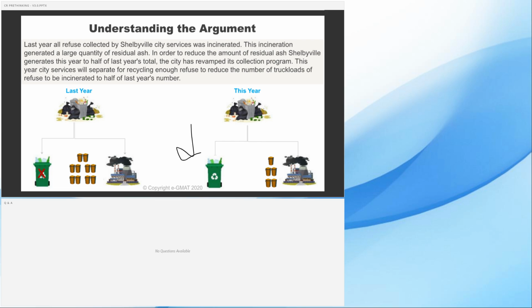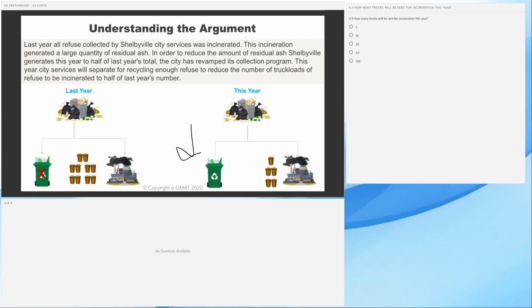Tell me how many trucks you think we'll send for incineration if the amount of garbage collected is 10 times as much as it was last year, as per the information in the argument. Make sure you read the argument carefully. Visualize what's there in the argument before you choose the answer.